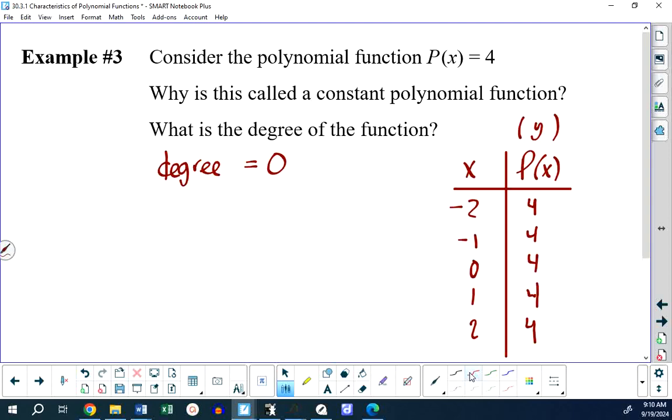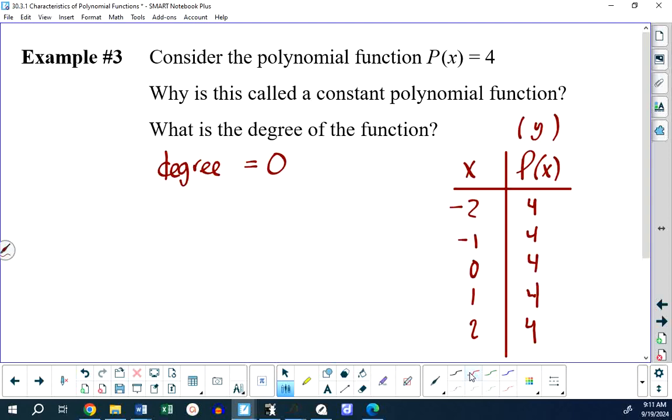Do you agree that a quadratic function is degree 2? Shouldn't even need to write down a quadratic function. I will in a second. I'll show you one. Do you agree a linear function is degree 1? Okay, so grade 10, you focus all your attention and energy on linear math, linear graphs, linear functions.